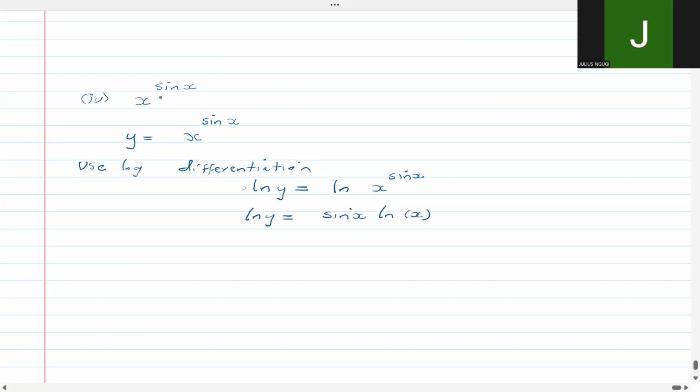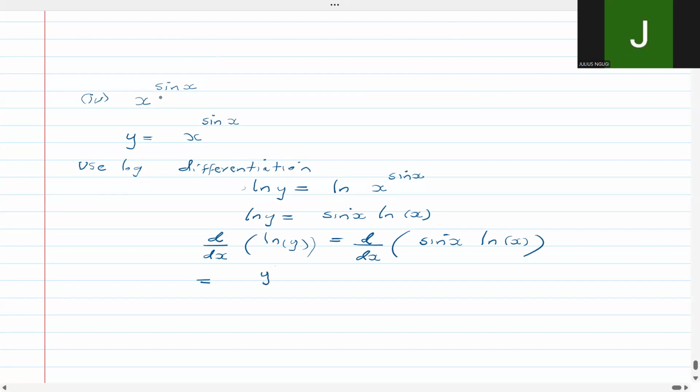And then you apply implicit differentiation on the left-hand side. So with respect to x, we differentiate natural log of y, and on the other side, the derivative with respect to x of the product of two functions, sine x multiplied by natural log of x. The derivative of natural log of y with respect to x is 1 over y, but you attach y prime.